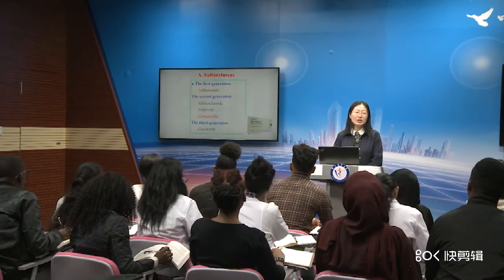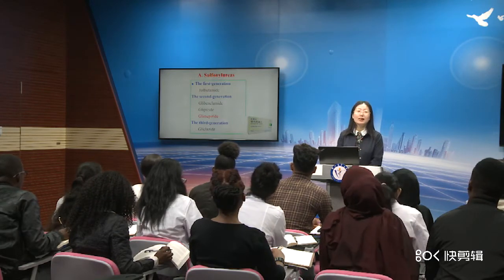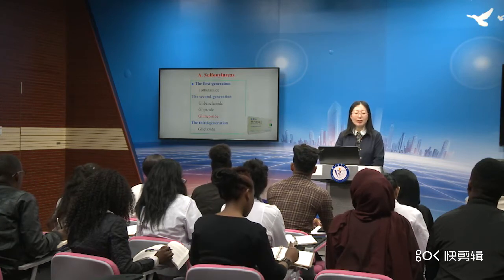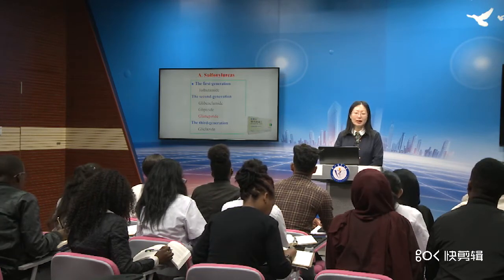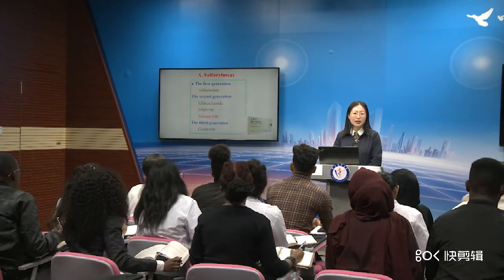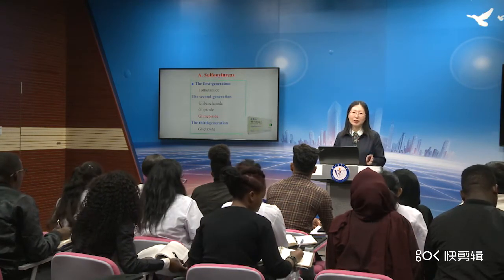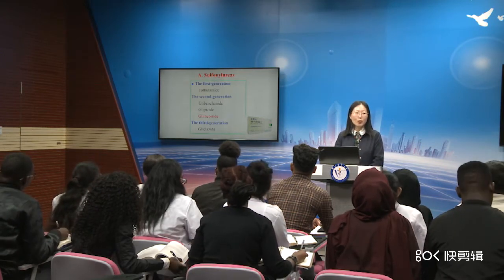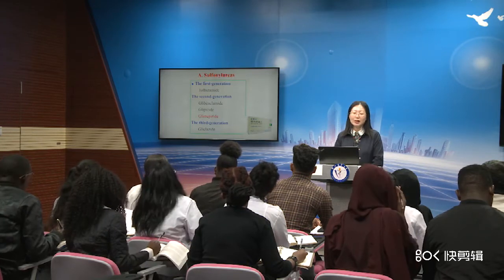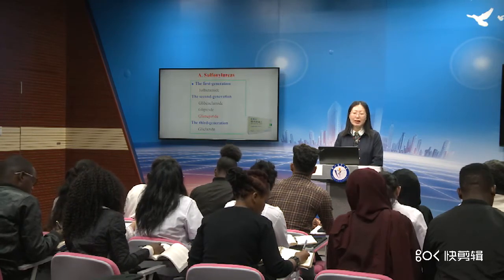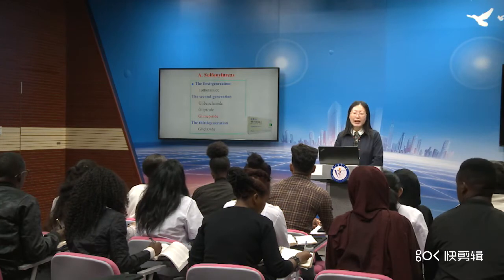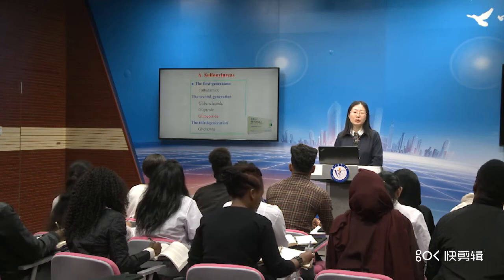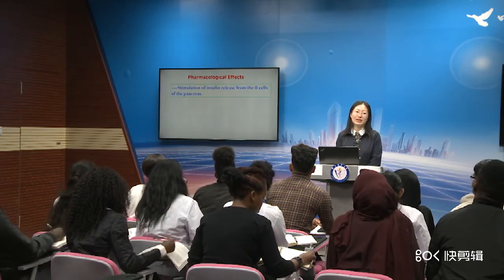In clinic, we still use the second generation sulfonylureas, glipizide, and the most widely used in this part is glimepiride. This year, we also use the third generation sulfonylureas. And today we study why we use sulfonylureas to treat diabetes mellitus.